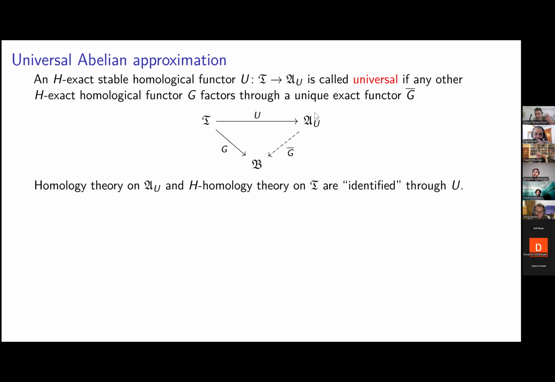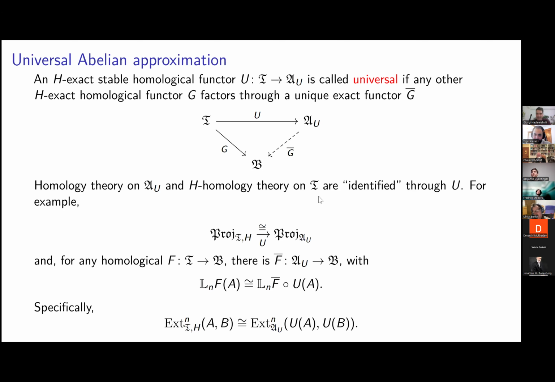This has honest-to-God homology on it, meaning homology that comes from real projective objects and kernels and images and everything else. That exactness comes from kernel equals image and short exact sequences. And it turns out that if you have a universal functor, then the real homology theory on AU and the H-homology theory on T are identified somehow. They are very closely related through U.